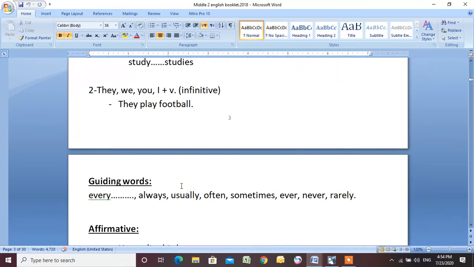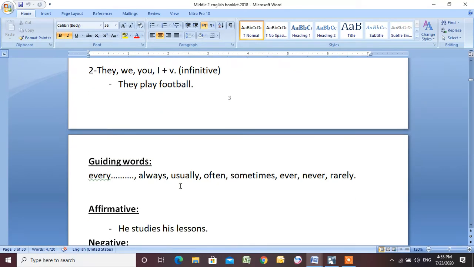Now let me remind you of the guiding words of the present simple tense. The guiding words: every, any word, every day, every week, every month, every year, always, usually, often, sometimes, ever, never, rarely.